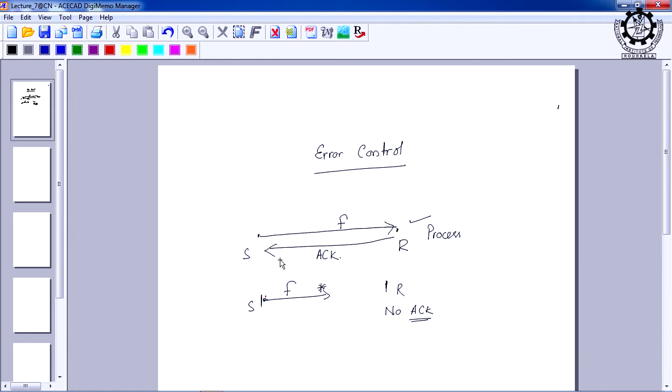So, how can the sender come to know that the acknowledgement is not coming? You know the flow control protocols we studied in the last class.